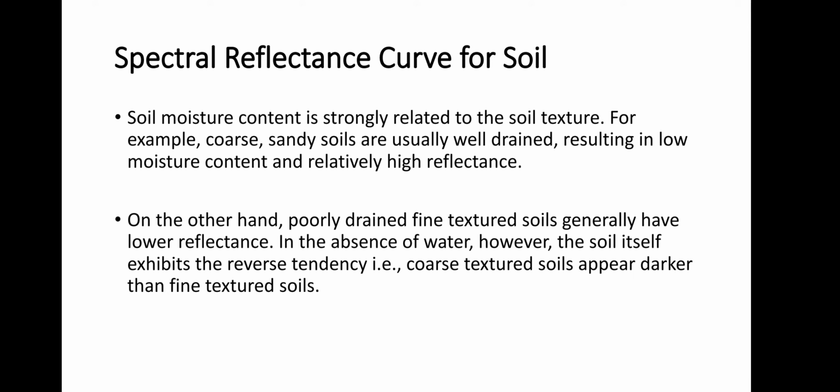As with vegetation, this effect is greatest in the water absorption bands at 1.4, 1.9 and 2.7 micrometer. On the other hand, similar absorption characteristics are displayed by clay soils. Clay soils have hydroxyl ions, which have absorption bands at 1.4 and 2.2 micrometer. Soil moisture content is strongly related to soil texture.